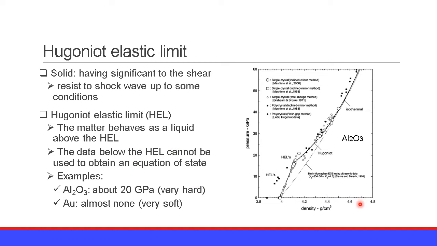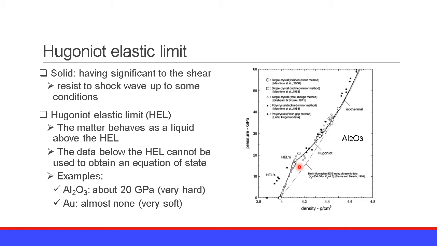So this is an example of alumina, Al2O3. The horizontal axis is density and the vertical axis is pressure obtained from the particle and shock velocities. This curve corresponds to the isothermal compression, and these points are shock wave data.